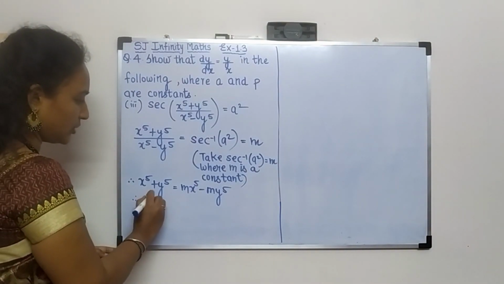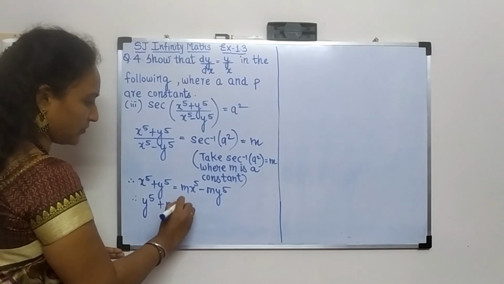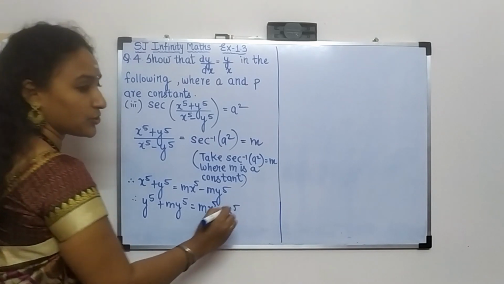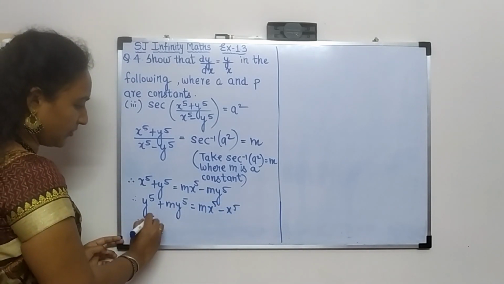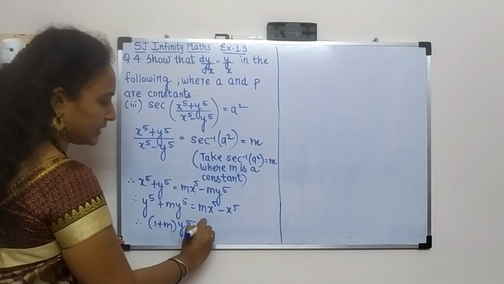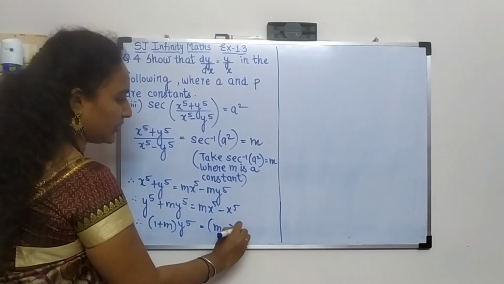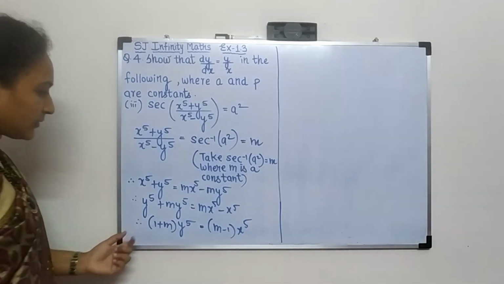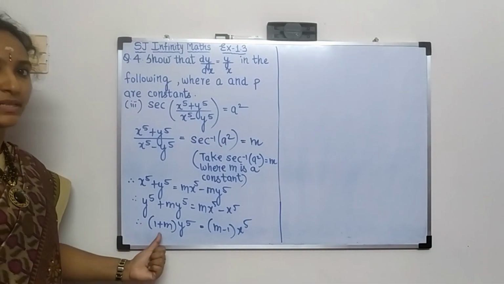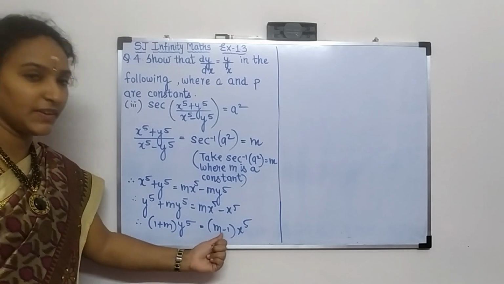So, y^5 + m y^5 = m x^5 - x^5. So therefore we have (1 + m) y^5 = (m - 1) x^5. So we can convert this 1 + m as m + 1 because here we have m - 1.